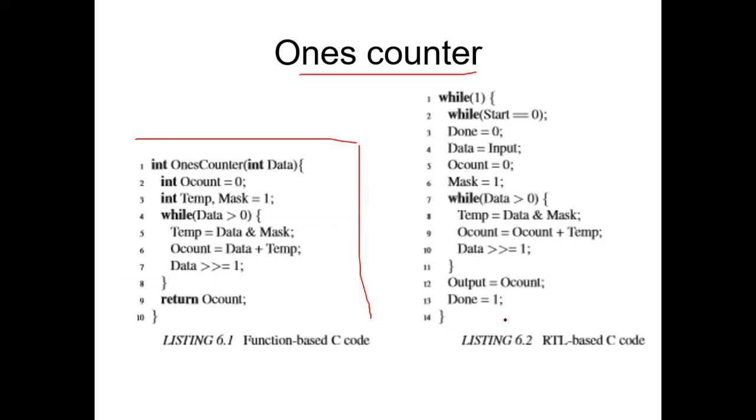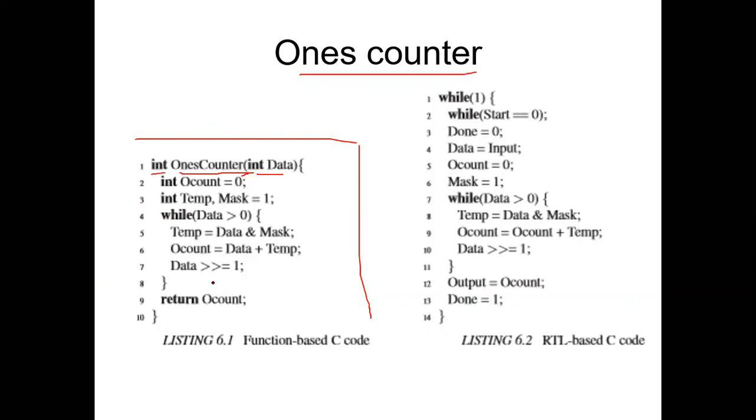C basically works based on functions. Here we are defining a function for the ones counter. This is the ones counter function. It receives the data as an integer. An integer input should be given, and the return type will be integer.